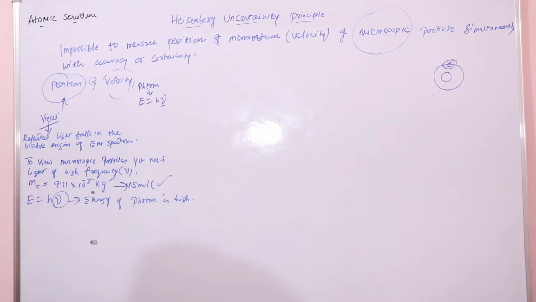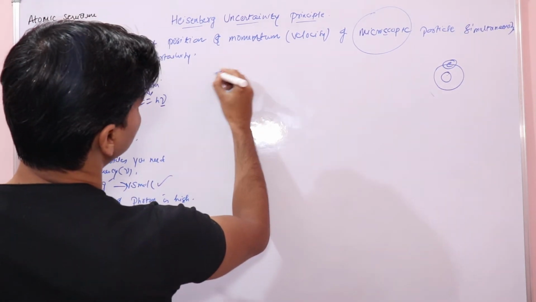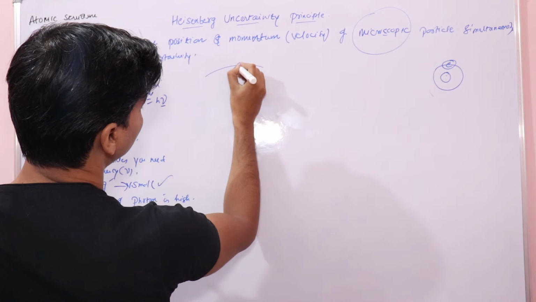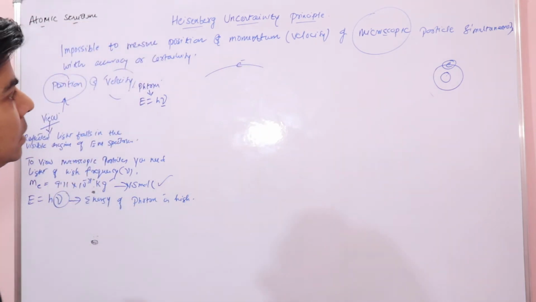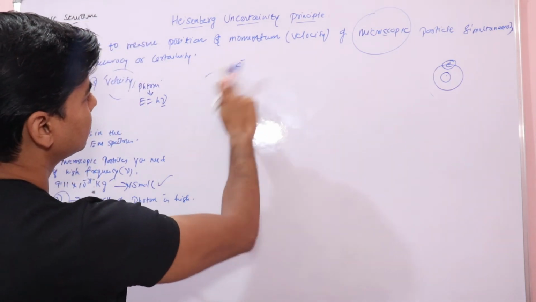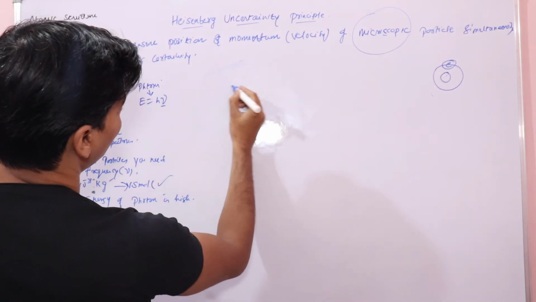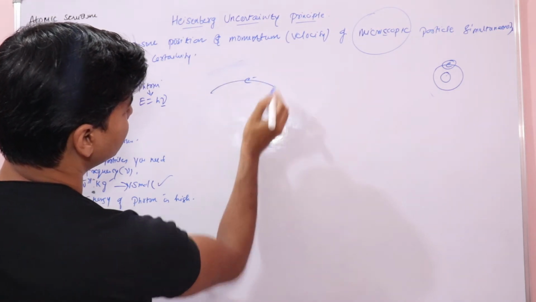Now suppose, just imagine an electron that is moving around the nucleus. Suppose this is an electron which is moving, and let me draw it just a little below. This is an electron which is moving.